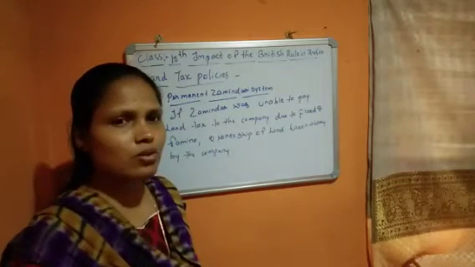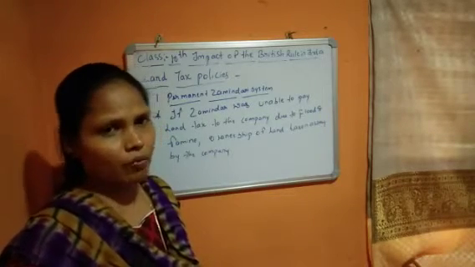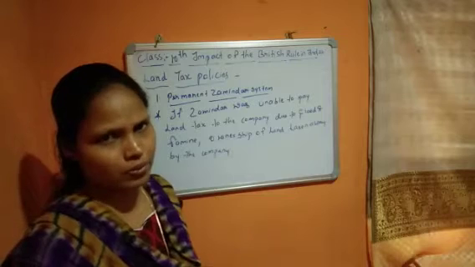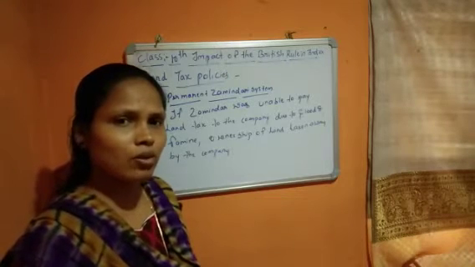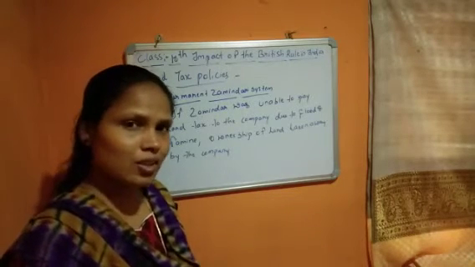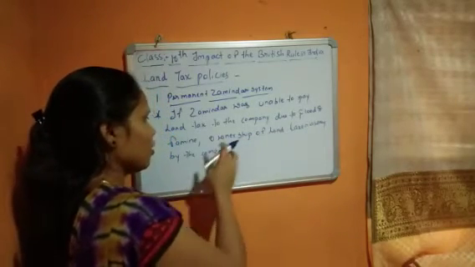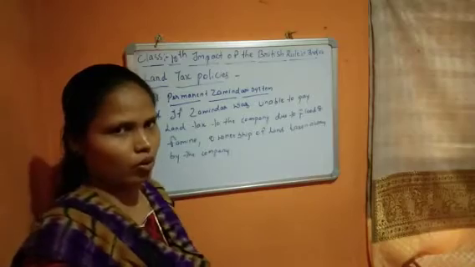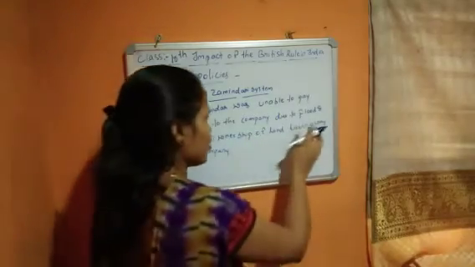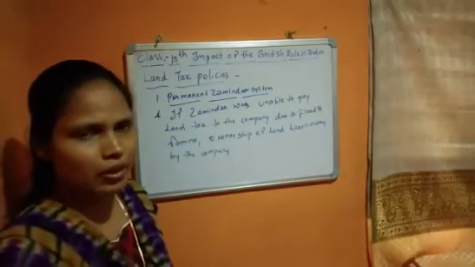If there is no rainfall, farmers can't grow crops, so they can't pay tax to zamindars. In this moment the company took away the ownership of land.